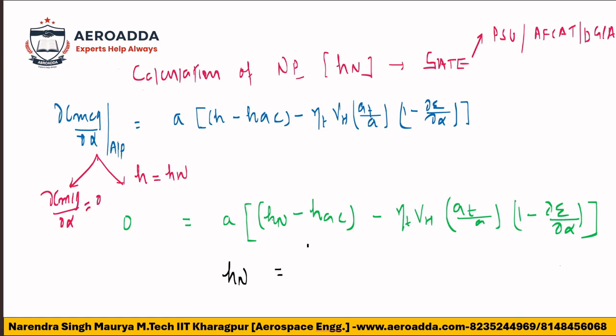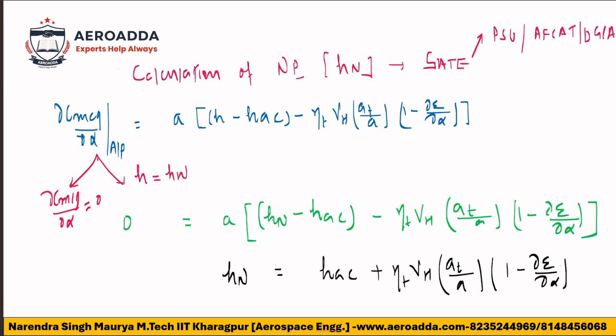Take the slope a outside. This slope a will now be 0. If you check it, ultimately what value will you get? Can I say hn, if you take it to the opposite side, so hac will be positive that time. So hac and eta t will also be positive. This part I can take positive: eta t, ph, at by a, 1 minus d epsilon by d alpha.